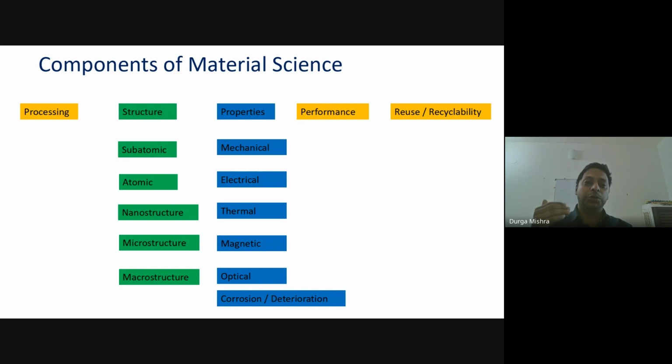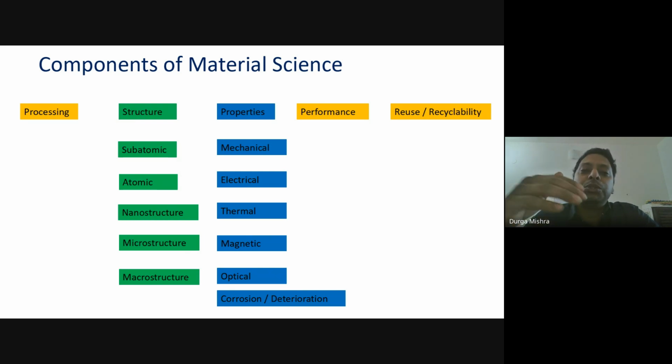So that is also one level of structure that in material science we look at. Similarly, you can also look at the macrostructure, which is basically what you can see with your naked eyes. So it could be from millimeter up to a few centimeters or even larger. So there are different levels of structure that need to be understood when we talk about material science.